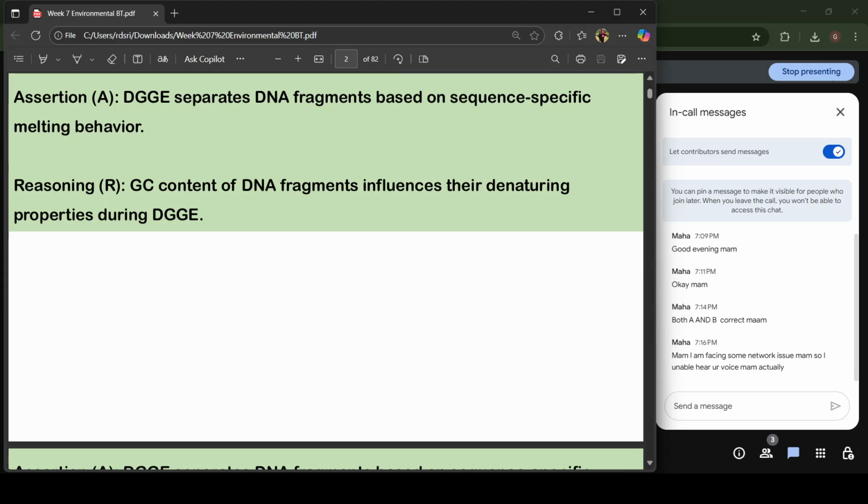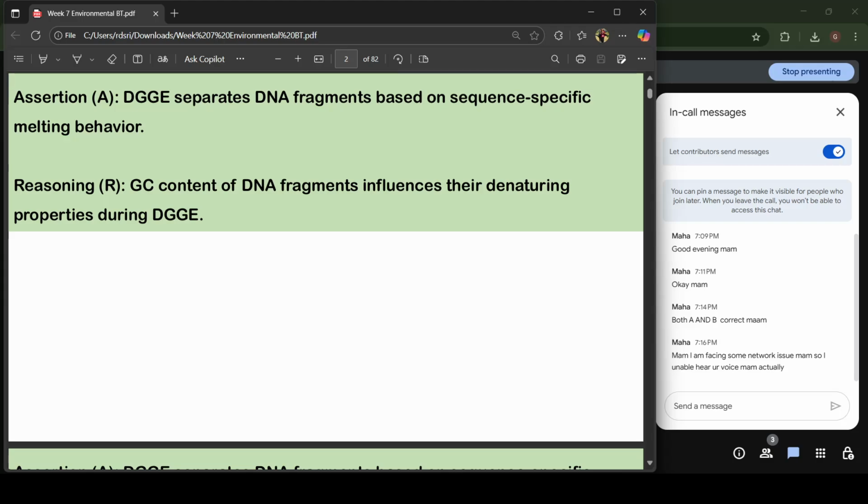As I was telling, the GC bond is a triple bond, and hence breaking the GC bond is a bit difficult. So we will have the DNA fragment clamped using a GC so that we don't completely denature the double stranded DNA, and then it is a gradient electrophoresis.